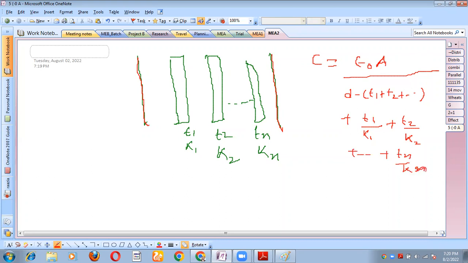So the same result can be extended for n number of dielectrics. Understood this one? Rifat, understood this one? How we got this?